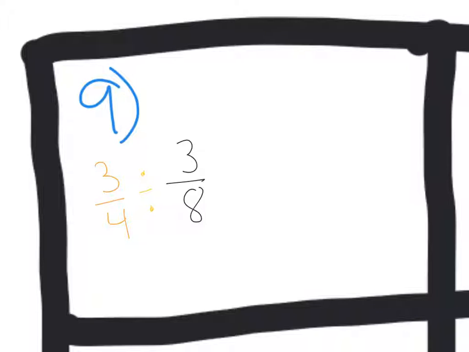All right, and there's our division problem. 3 over 4 divided by 3 over 8. We're going to stick to our keep, change, flip motto in order to solve. And you write that in blue. So 3 over 4 stays the same. Division changes into multiplication, and we flip that second fraction.